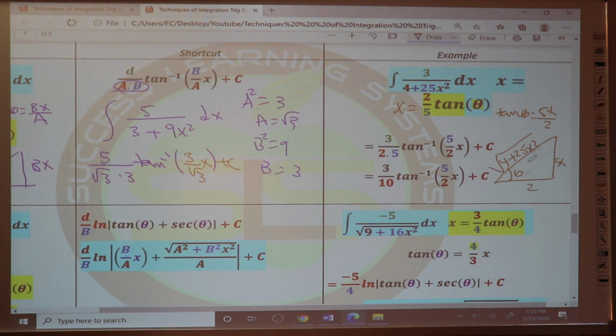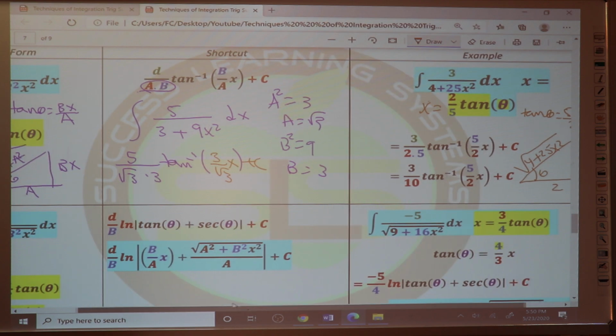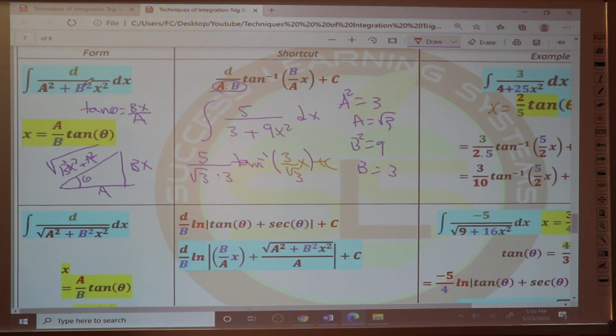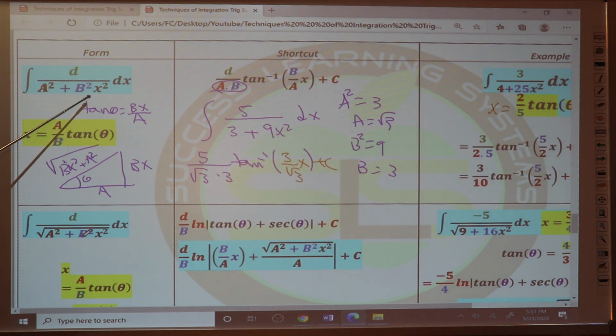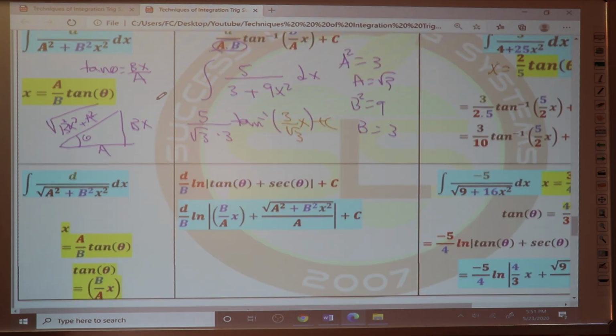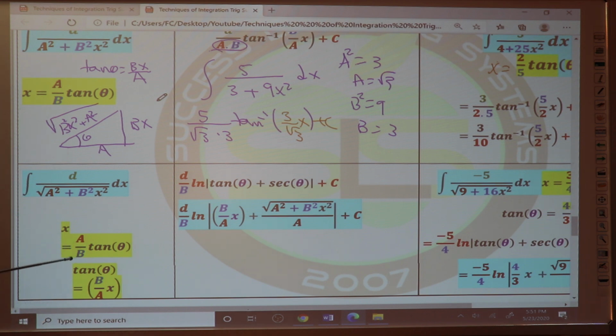Okay. Now look at the difference, and I meant to have each case in two. Look here. When we have no square root and we have a squared plus b squared x squared, I have no square root. I have the same trig substitution, x equal a over b tan theta.